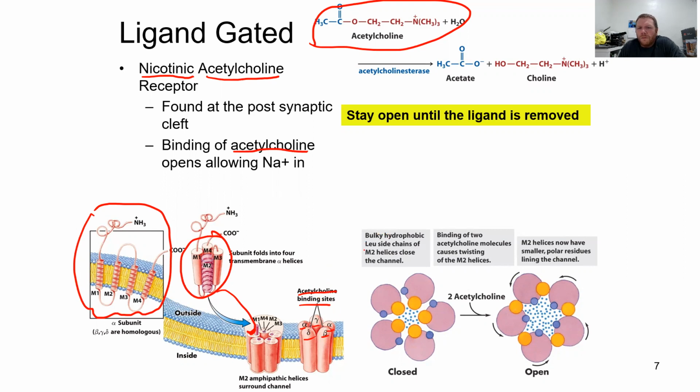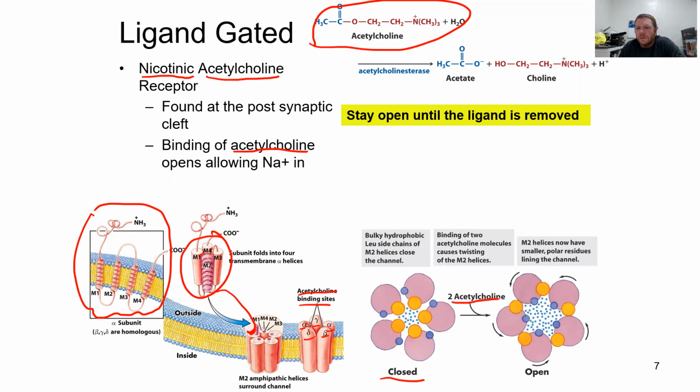Now, whenever the channel is closed, here is kind of our representation of it. If you look at this, the individual subunits are not in contact with one another. However, there are only 2 acetylcholine binding sites.